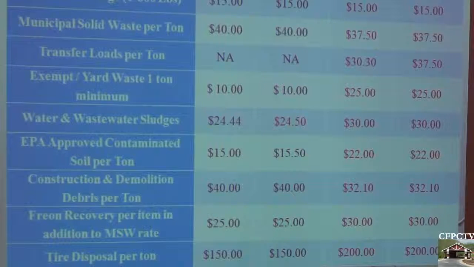That number of tires varies on whether or not we make it or break it on each truckload of tires that goes out of here at $150 a ton. We're charged $138 a ton, and if we don't collect all of that on the tires coming in, the $150 might not cover it. But we put this extra charge out here. We don't really want to be accepting and handling outside of county tires.